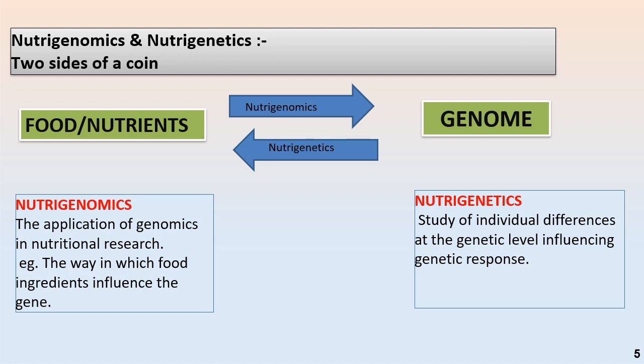The application of genomics in nutritional research, for example, the way in which the food ingredient influences the gene, and nutrigenetics, the study of the individual differences at the genetic level that influences genetic response. So these two terms are basically discussed in the context of nutrigenomics.